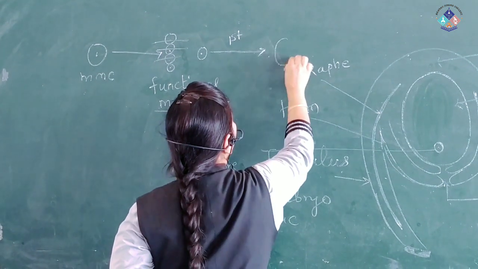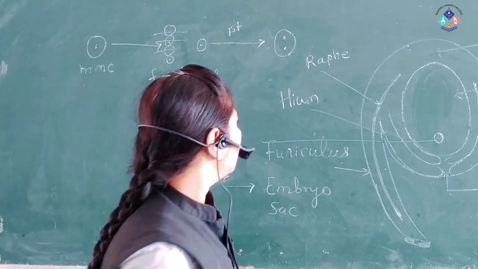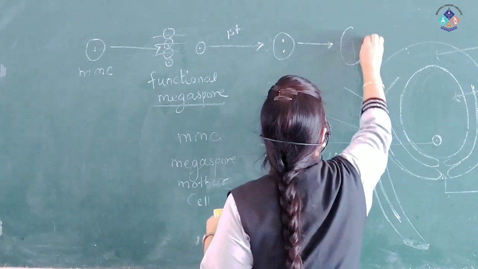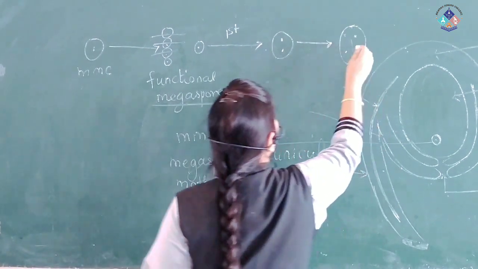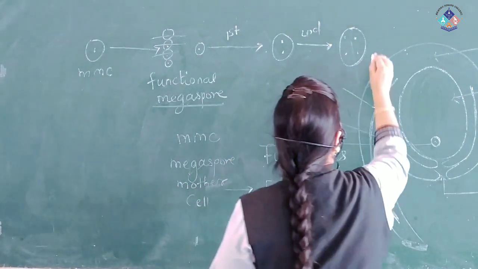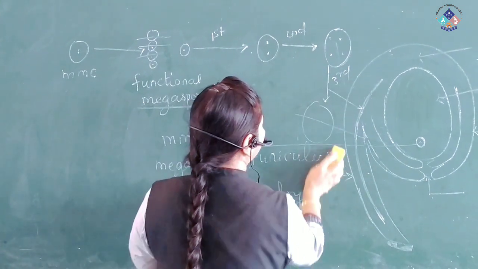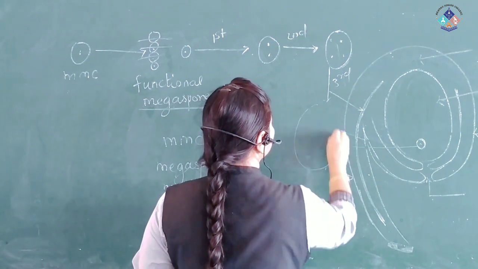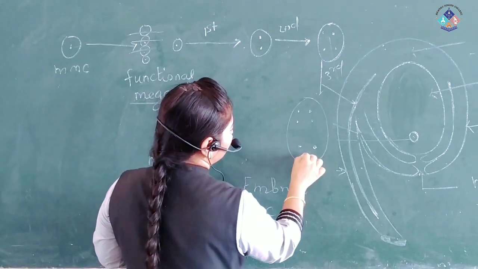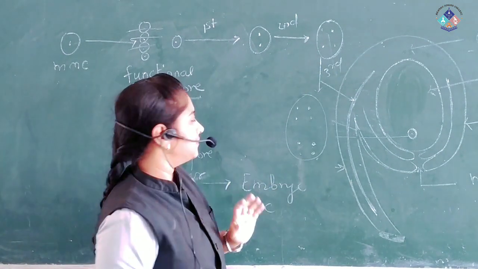From the second division there is a formation of 4 nuclei, and from the third division you will get 8 nuclei: 4 at one pole and 4 at the second pole, means 4 at the chalazal end and 4 at the micropylar end.